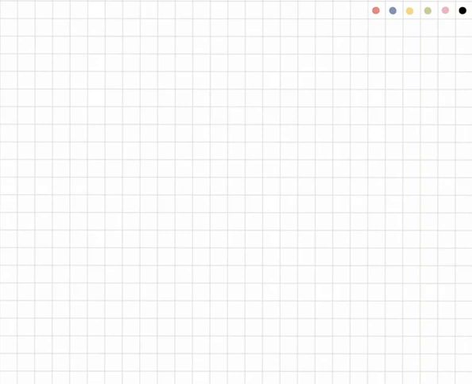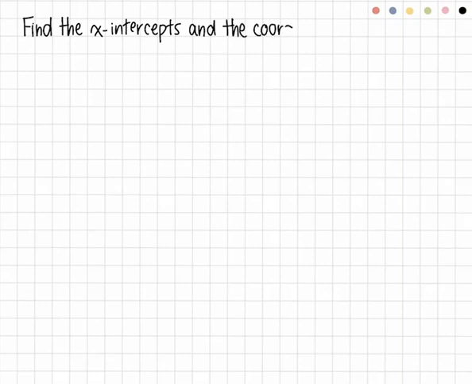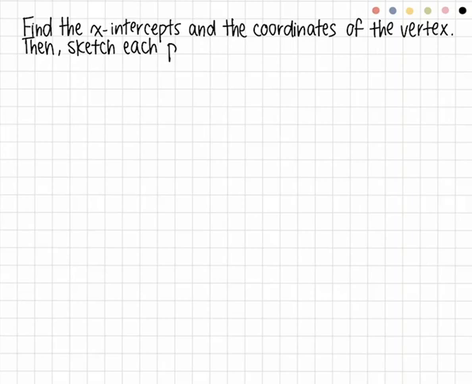Okay, so let's write down our question. Find the x-intercepts and the coordinates of a vertex, and then we're going to sketch each parabola.